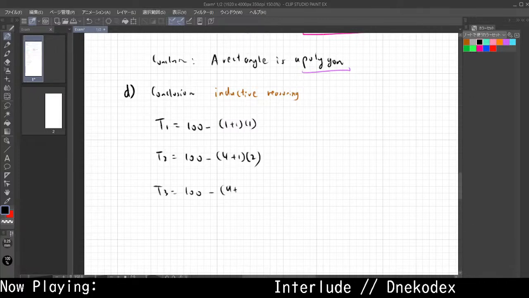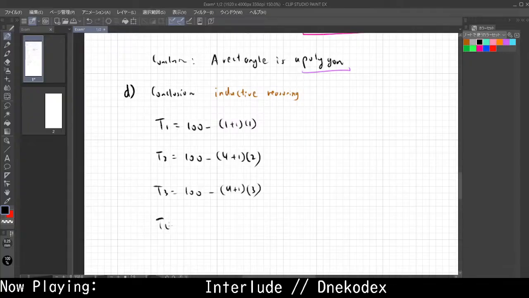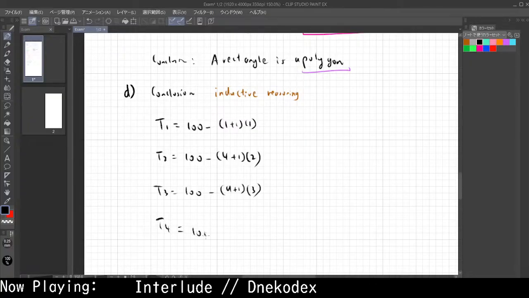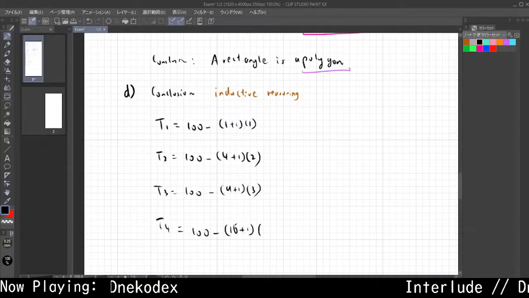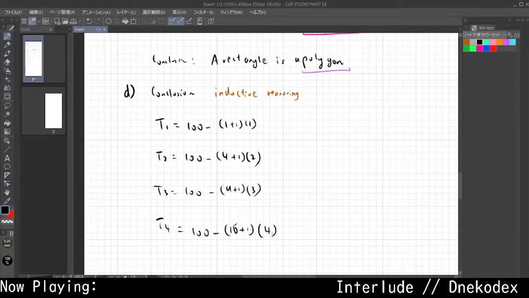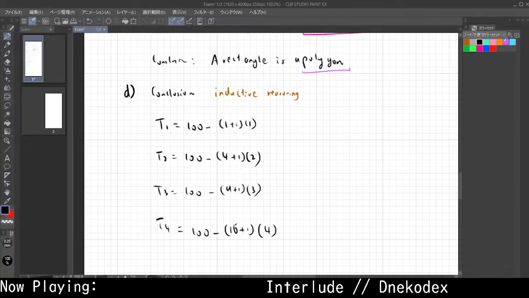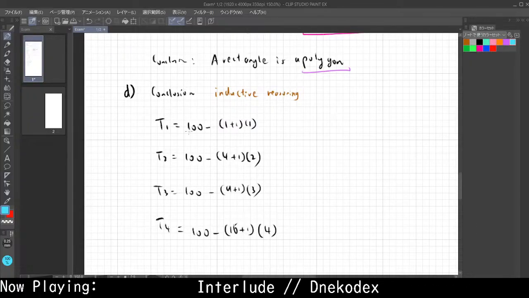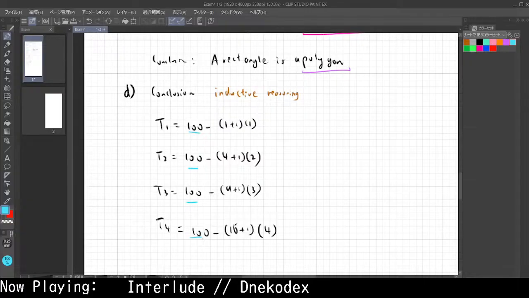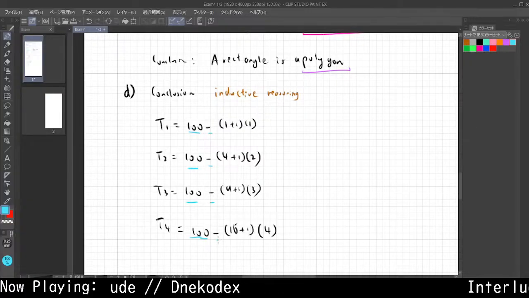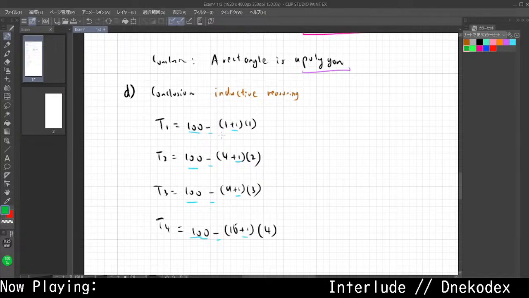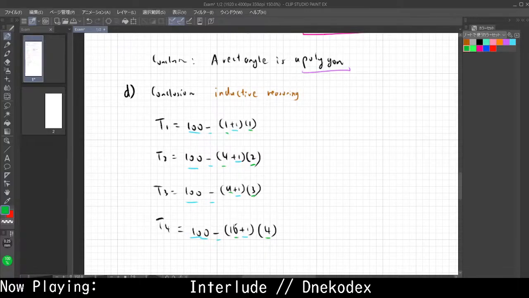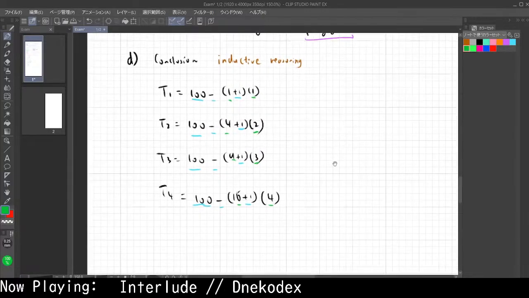As I write this out, you might be able to notice that the numbers that don't change are these 100s, your minus sign, and your plus 1 over here. But the ones that do change are your 1, 2, 3, 4 over here, and your 1, 4, 9, 16 in this case.